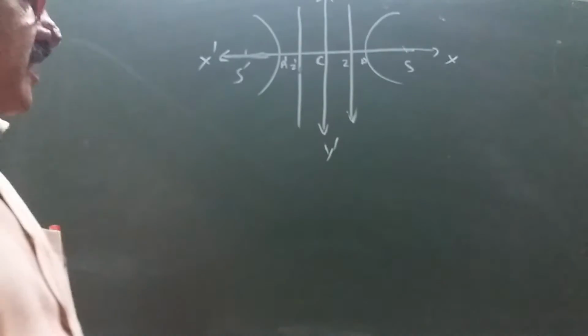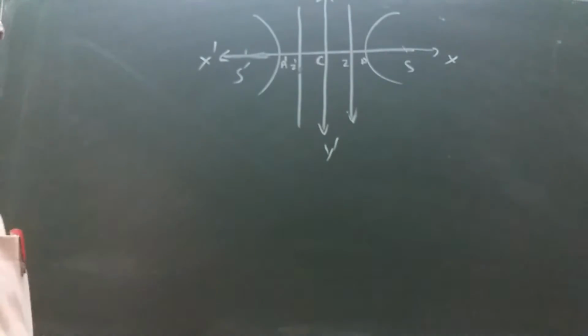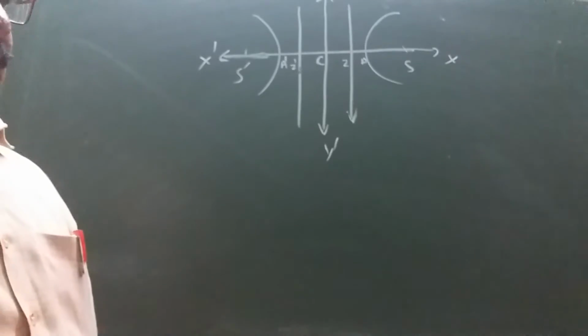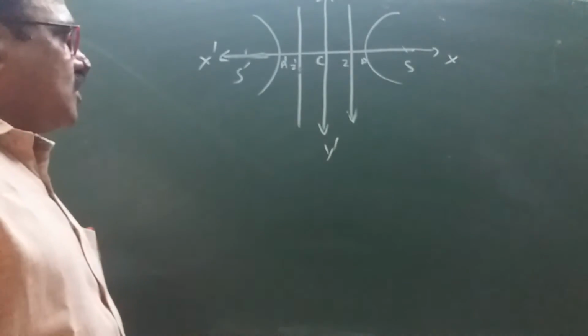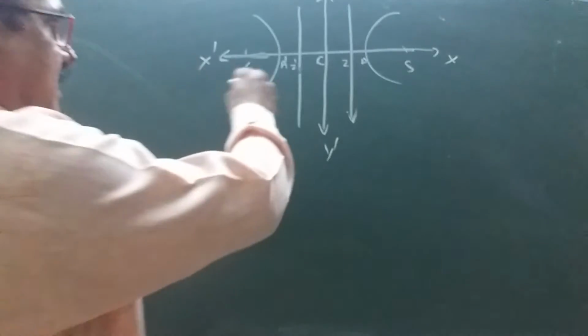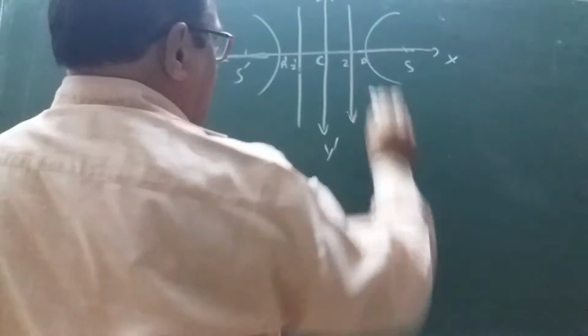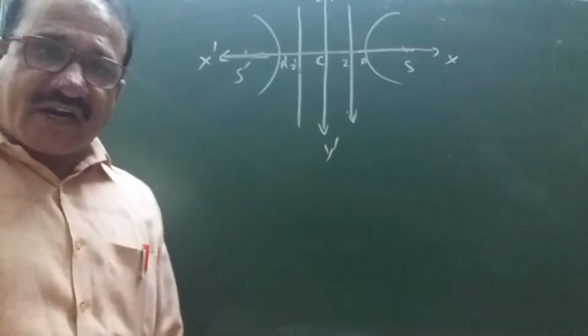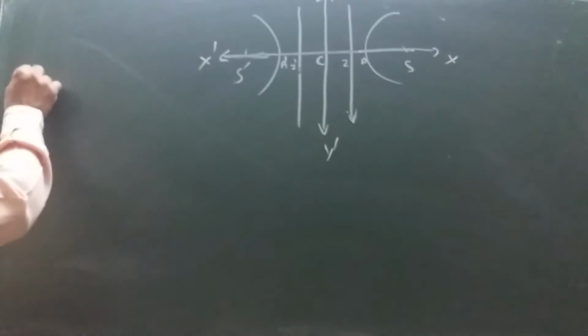That means these 2 points divide SZ in the ratio e is to 1 internally and externally. So AA dash, which is on the X axis, we call the transverse axis.